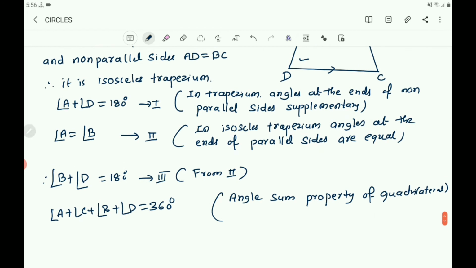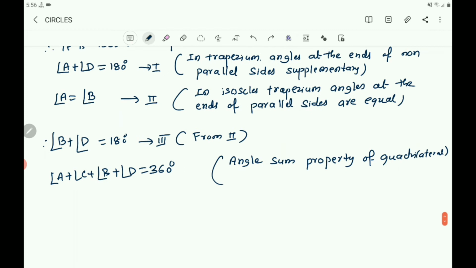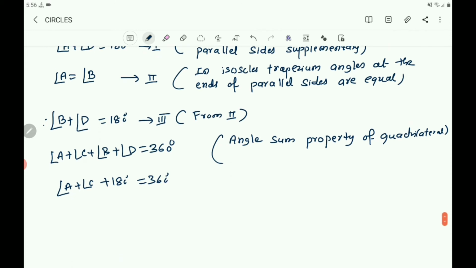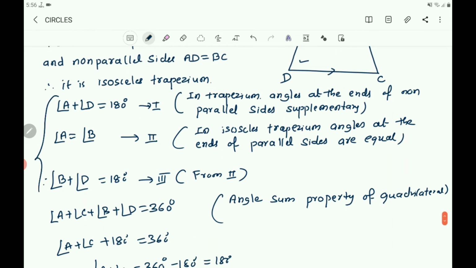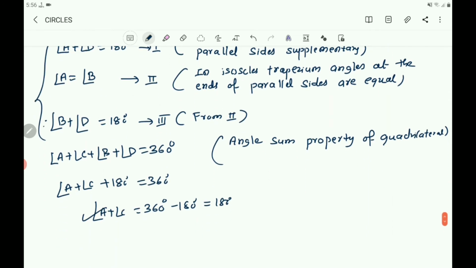So you write in the place of angle B plus angle D, 180 degree: angle A plus angle C plus 180 degree equals 360 degree. So you can take angle A plus angle C equals 360 degree minus 180 degree equals 180 degree. Otherwise you can use the same property to prove this also. So you can use any one of the methods.